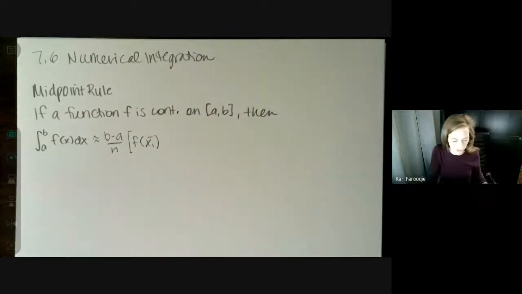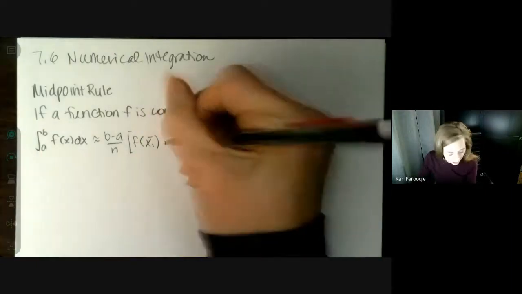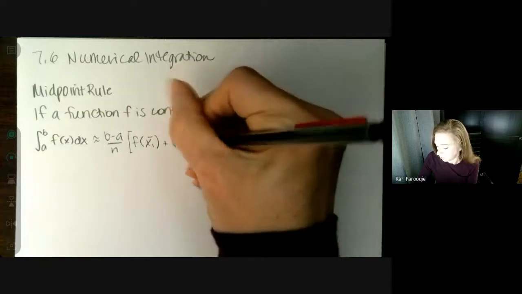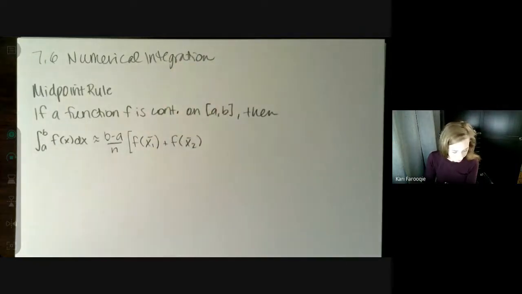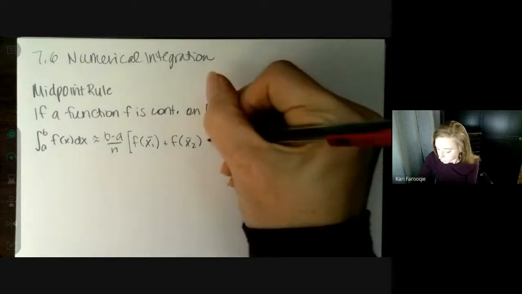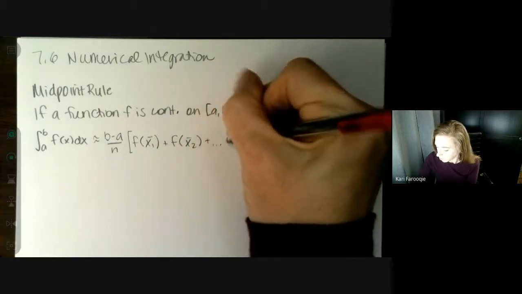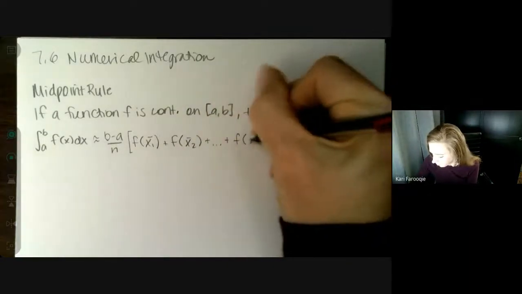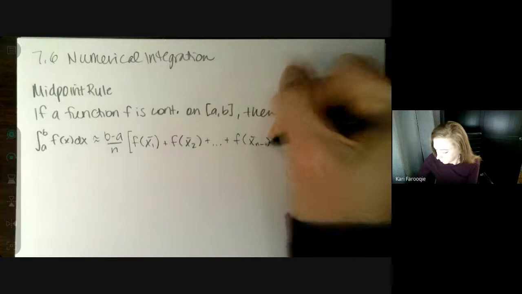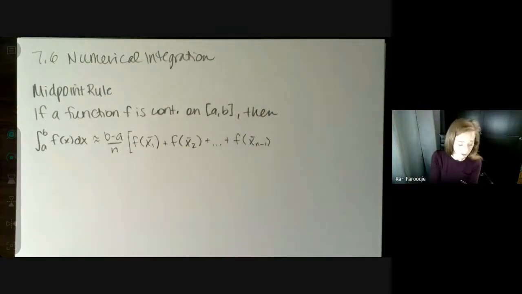You've talked about bars before in math, maybe more in statistics. You're going to add that to the value of f of x sub 2 bar. And you're going to go on through your interval all the way up until the second to last term, the n minus 1th term, and then you'll go up to the nth term.